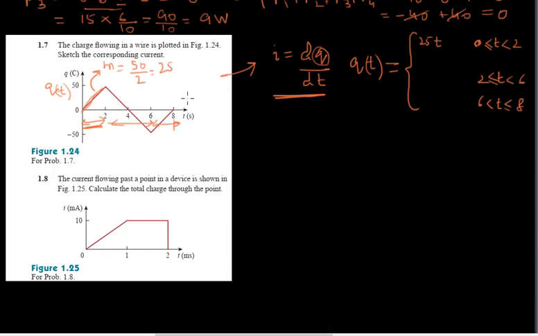The second part, which is this slope down, let me use another color. You can easily verify that the slope of the second part has the same numerical value as the slope of the first part. Since it's going down, the slope is negative, so it's minus 25.